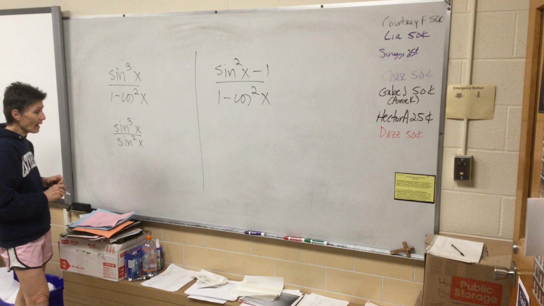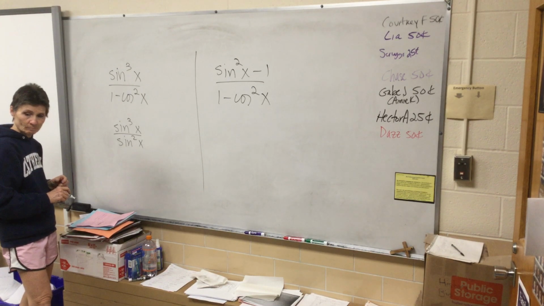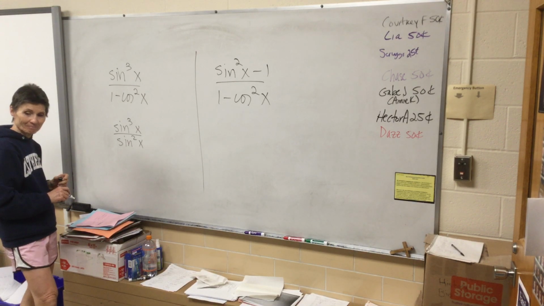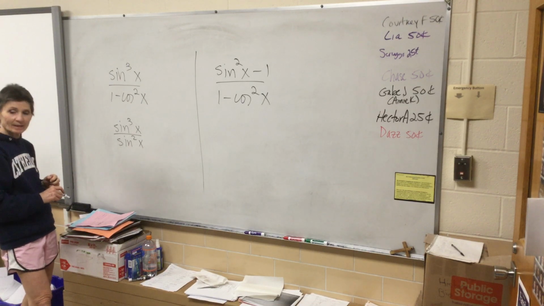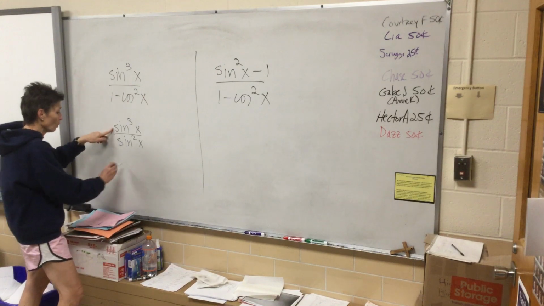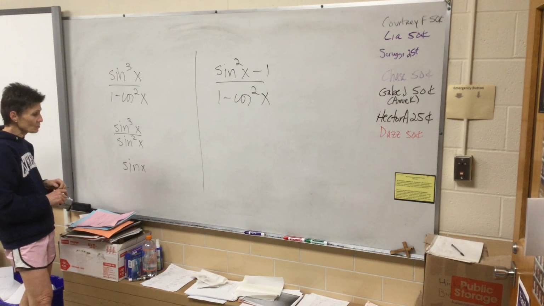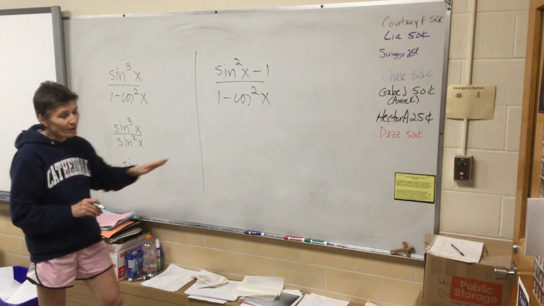And what happens when you have sine cubed over sine squared? You can take out 2 of the sines. Exactly. And you'll be left with 1 in the numerator, right? Yeah. So sine x over 1 or just plain sine x. Perfect.